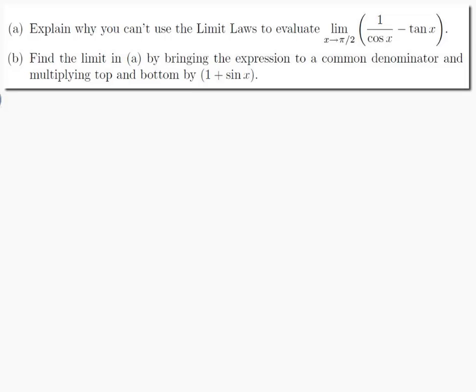To write this formally, let's put it down. A. The limit as x approaches pi on 2 of 1 on cos x does not exist, since the bottom is 0.